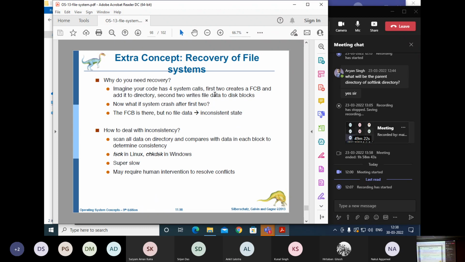Essentially, you scan the directory and fix the links. If there is an FCB or inode, both are the same, which does not point to any data blocks, you remove that FCB. If there is a broken link, basically a block which does not have any parent, you remove that block.